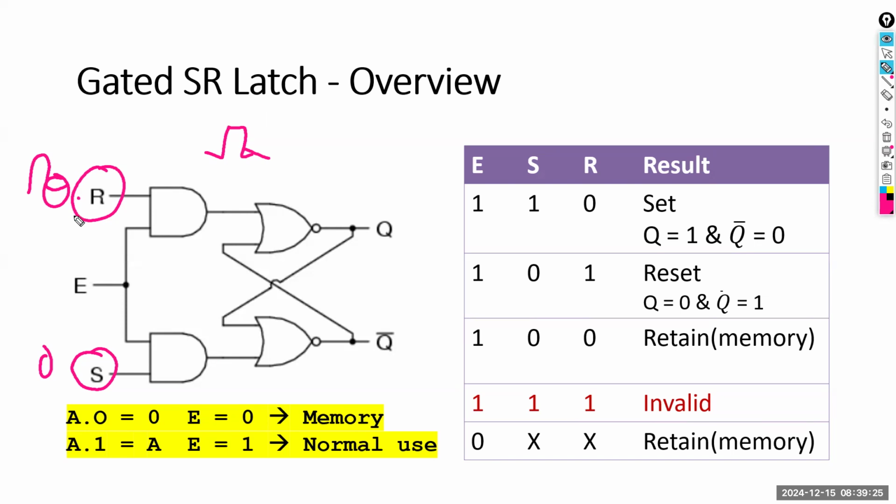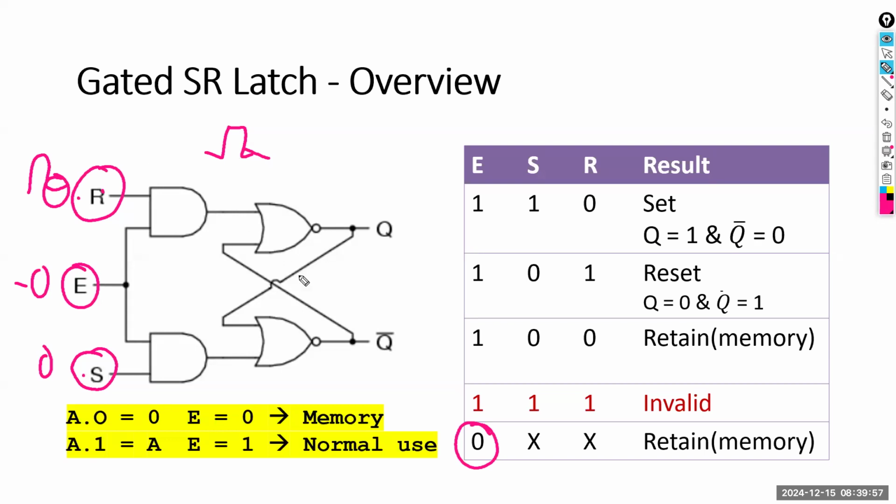So in order to prevent that, we can use this signal. Because when you want to get into memory, forget about R equal 0, S equal 0; rather make enable 0. Because when enable is 0, it is memory. And we can isolate this enable signal from other signals, because other signals are interconnected from other outputs. But we can make enable an isolated signal so that it has a lesser chance of stray signals.